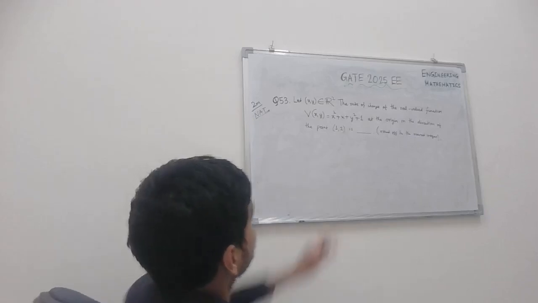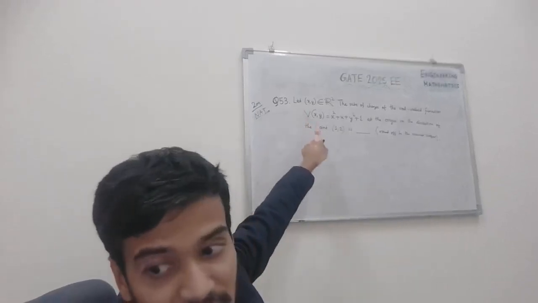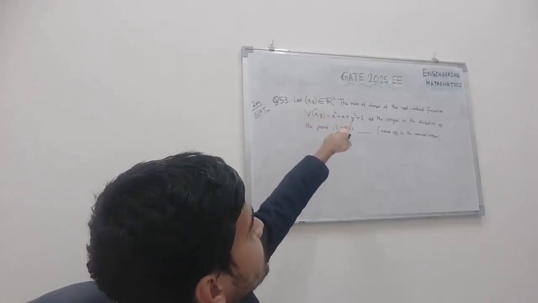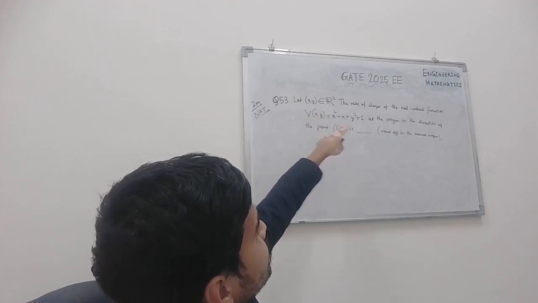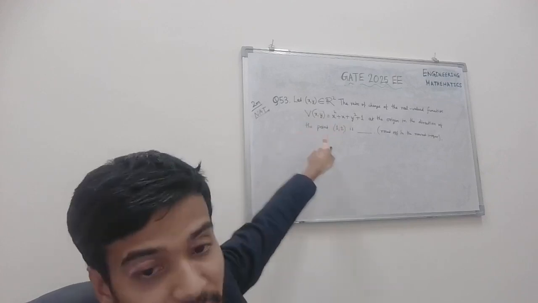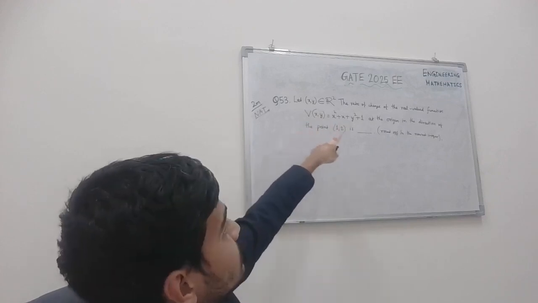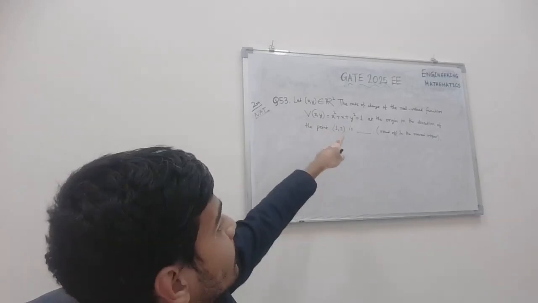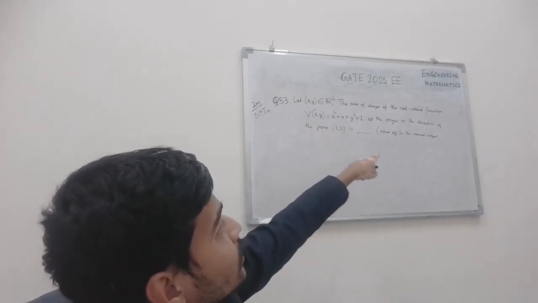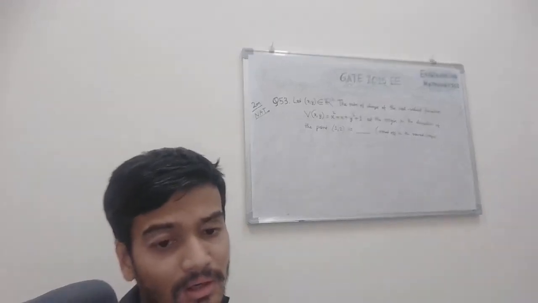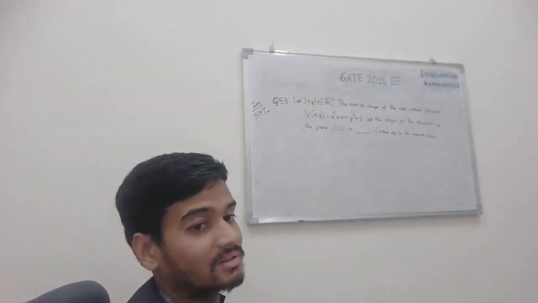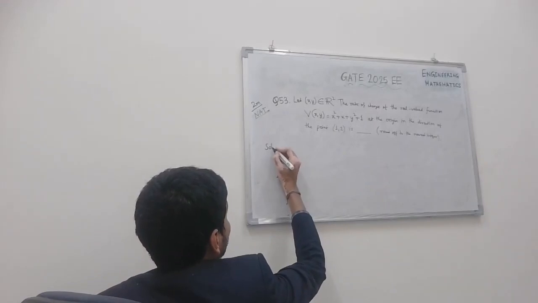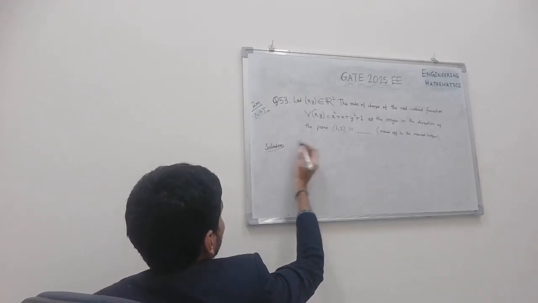The question says: find the rate of change of the function v of x y equal to x square plus x plus y square plus 1 at the origin, in the direction of the point 1, 2. Solve and find the answer to the nearest integer.